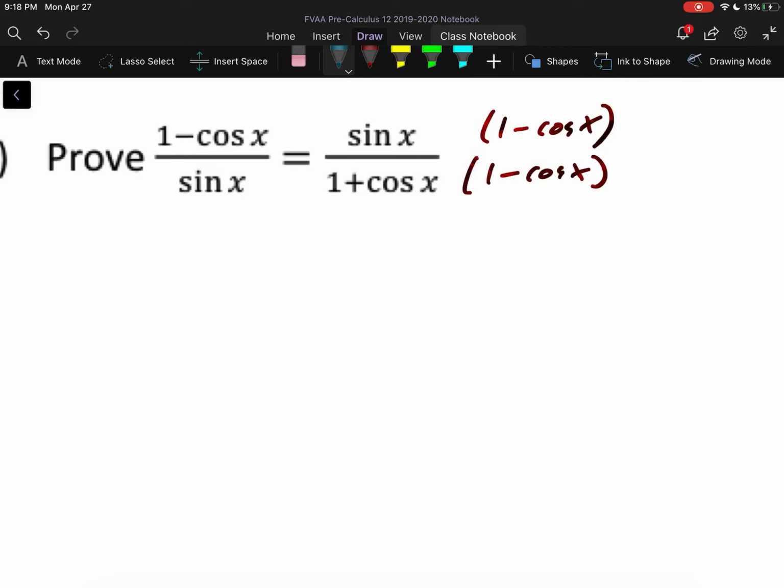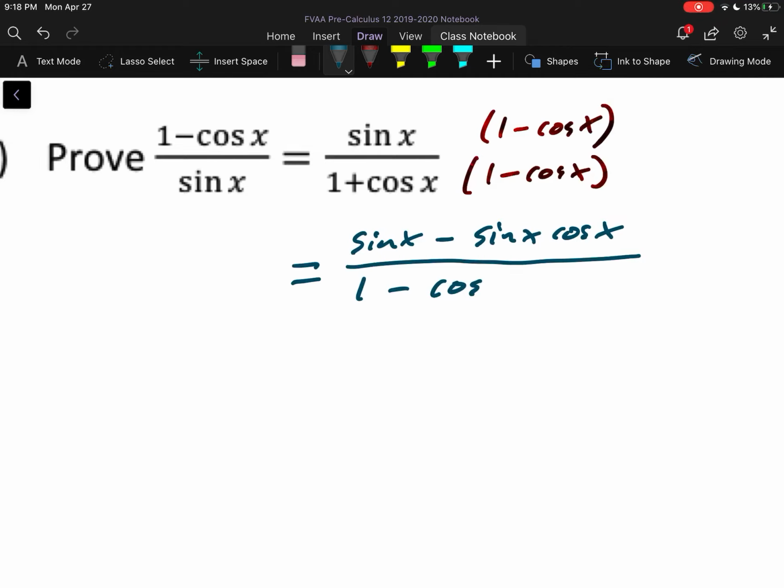All right, and so on this side, this is going to give me sine x minus sine x cos x, and below this is going to give me 1 minus cos squared x. Okay, and on the left side I haven't done anything yet.